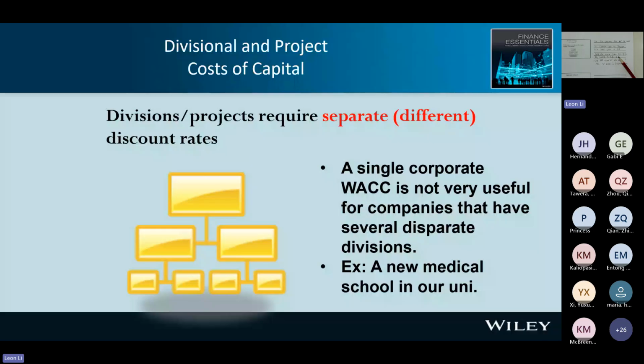So there's a small question. Can I use the same cost of capital or the WACC for both projects? The answer will be no, because for me, the new job will have different risk. And when I move to a new country, my financing mix will change. All right. So I cannot use the same WACC.